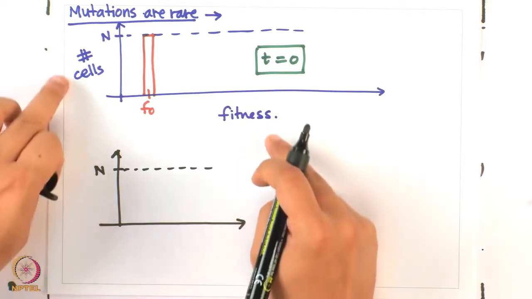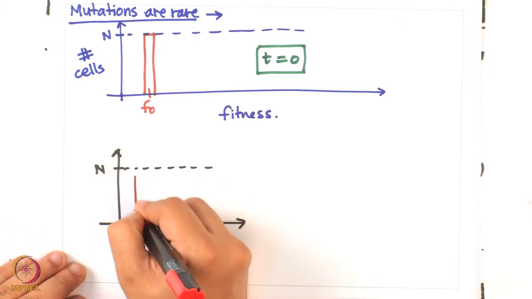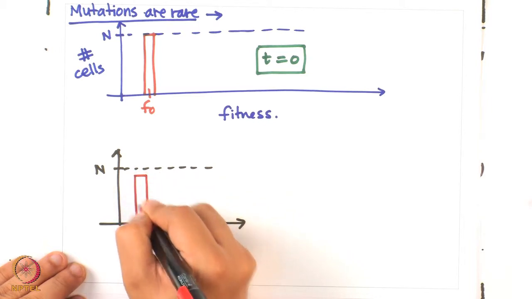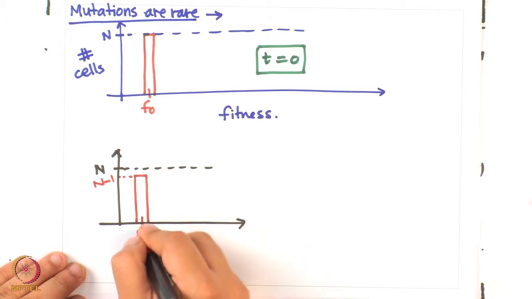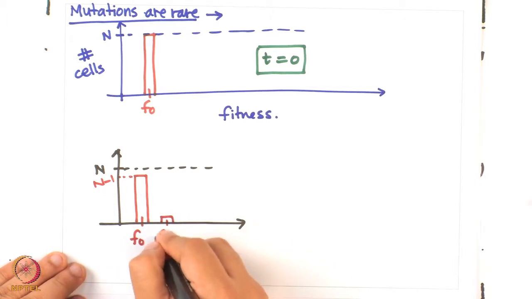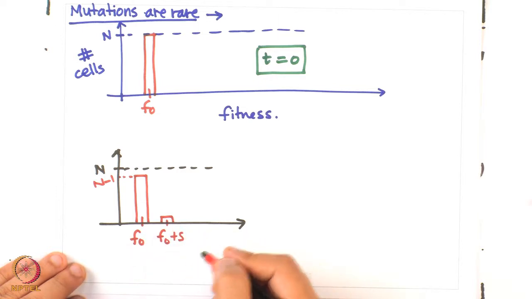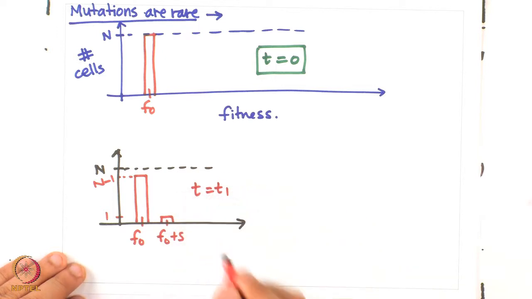I am not labeling the axis, but the same axis labels carry here as well. So, at this time now, one beneficial mutation has occurred and you have n minus 1 individuals of the parent genotype with fitness f naught, and you have one individual with fitness f naught plus s. This is t equal to t1.